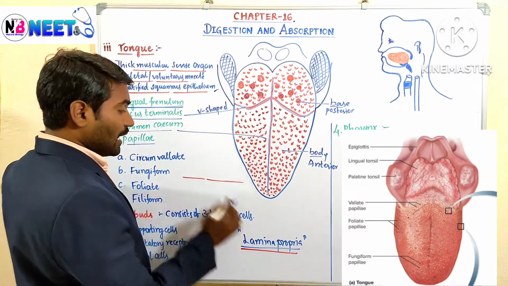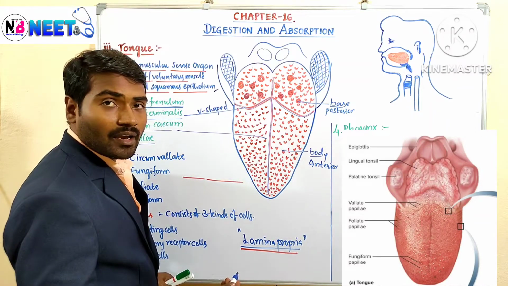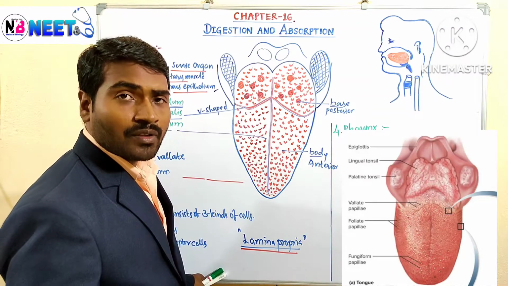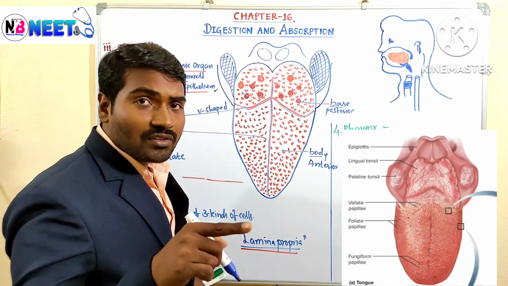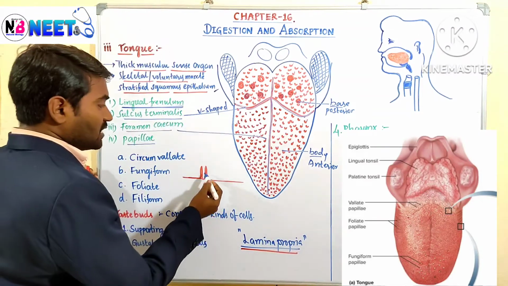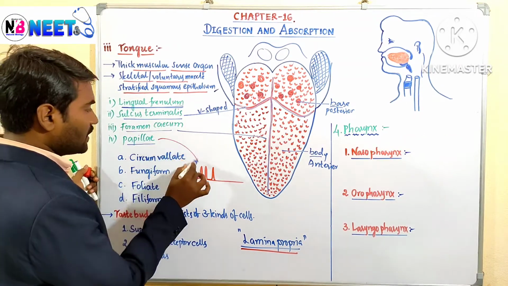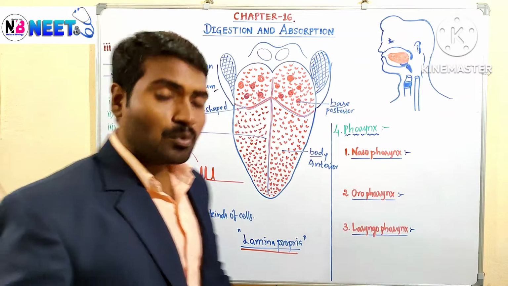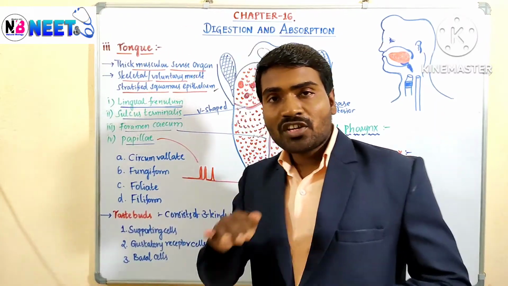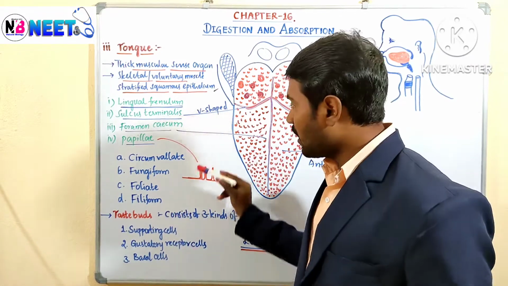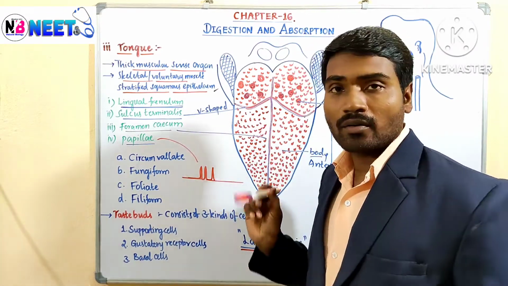This lamina propria shows many elevations and depressions. These projections are called papillae. In simple terms, the projections of the lamina propria on the surface of the tongue are called papillae. Clear?